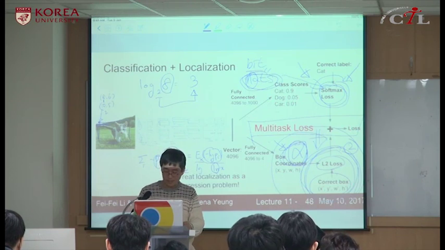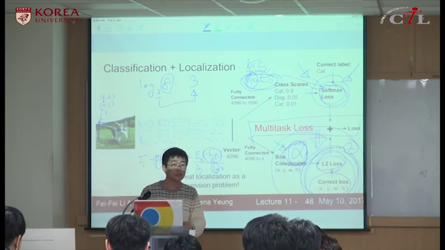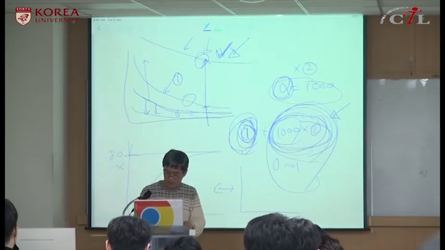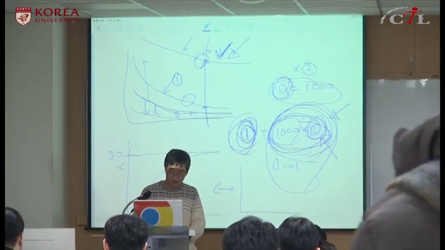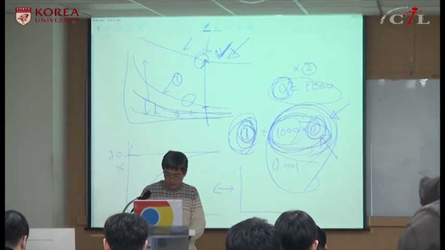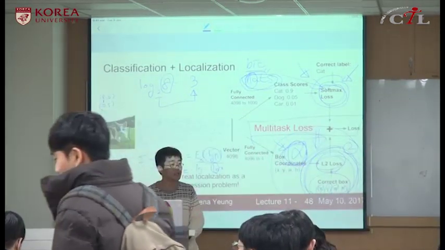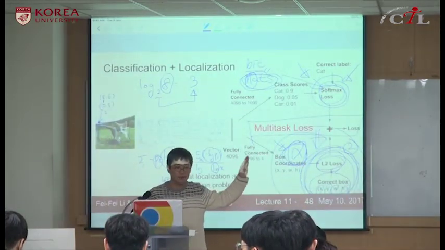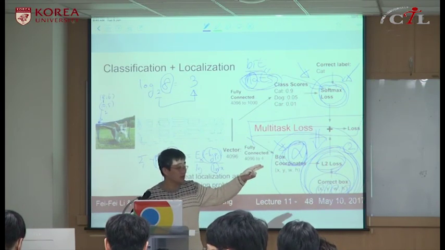So if we compute this L2 loss, alpha loss, it's the squared sum of the differences in pixels of x, y, w, and h. We can actually measure separately for each of x, y, w, and h.